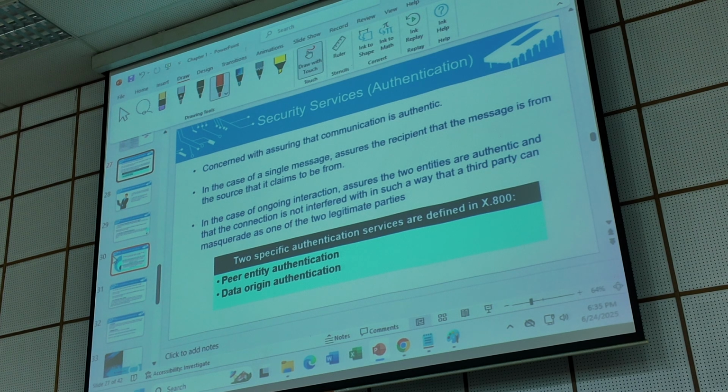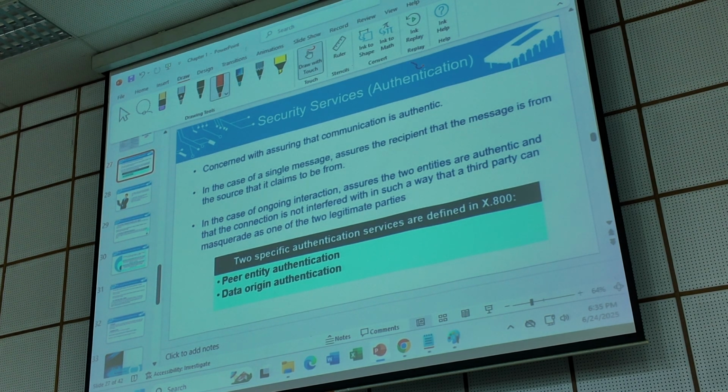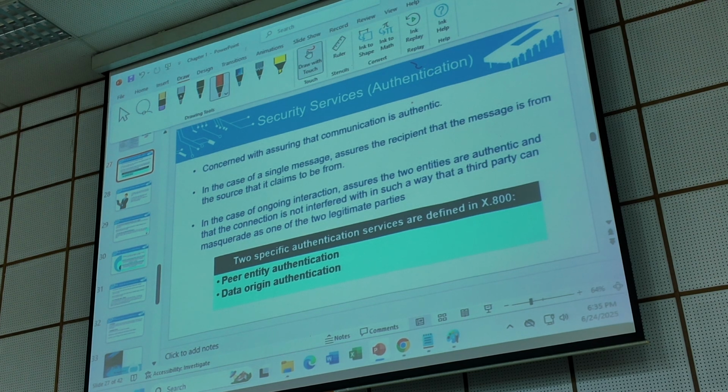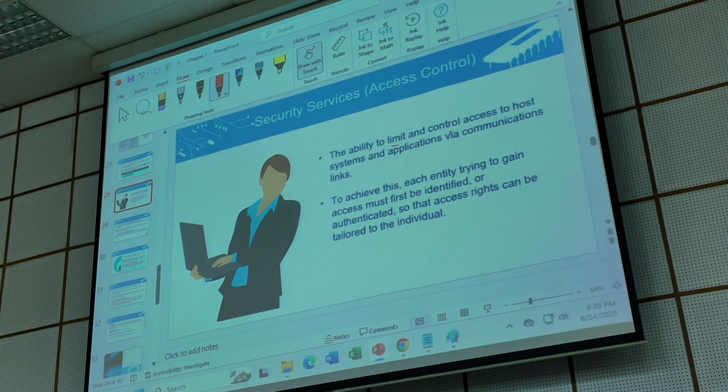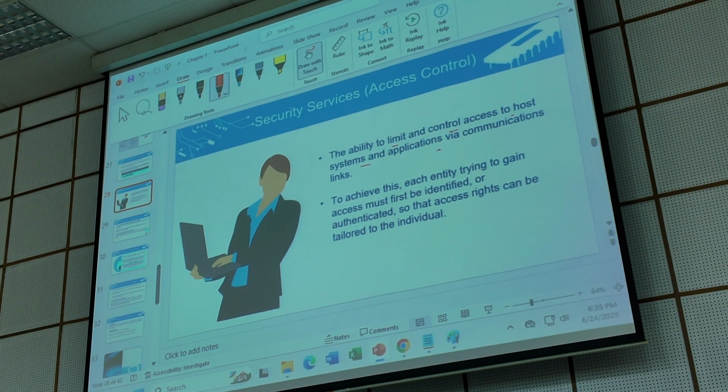Here is also the repeated thing, the authentication. And access control: you can limit and control the access to the whole system and application via the communication link.